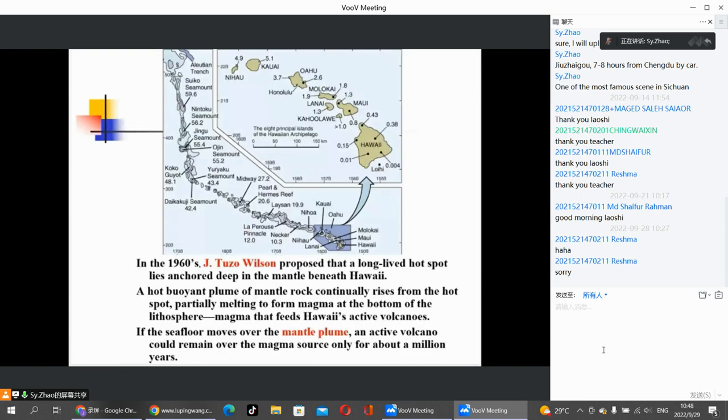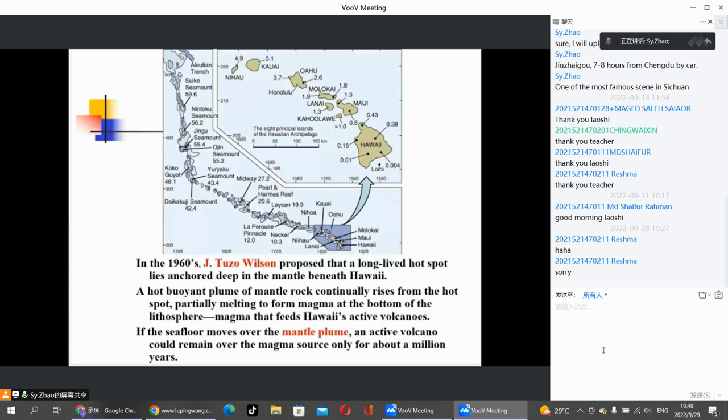In the 1960s, Tuzo Wilson proposed that a long-lived hotspot centered deep in the mantle beneath Hawaii, and a hot, buoyant plume of mantle rock continually rises from the hotspot, partially melting to form magma at the bottom of the lithosphere, magma that feeds Hawaii's active volcanoes.